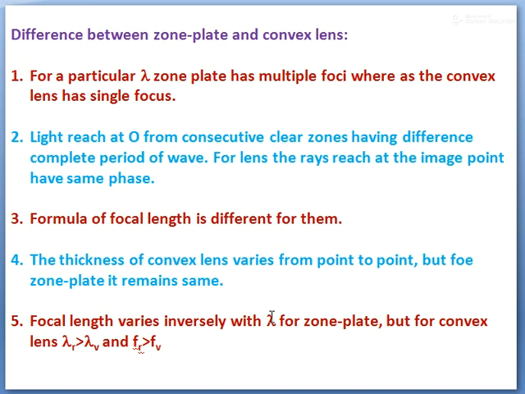Okay, if the rays are parallel to the axis, then they are converging on the axis, and if the rays are inclined to the axis, they are converging on a point on the focal plane of the convex lens.